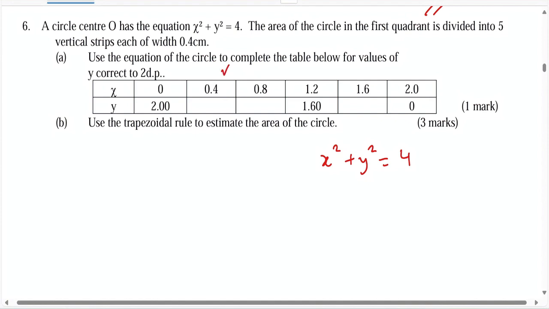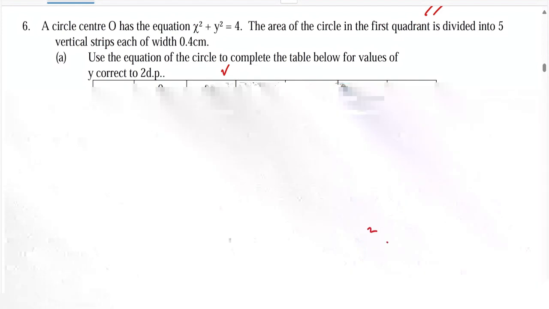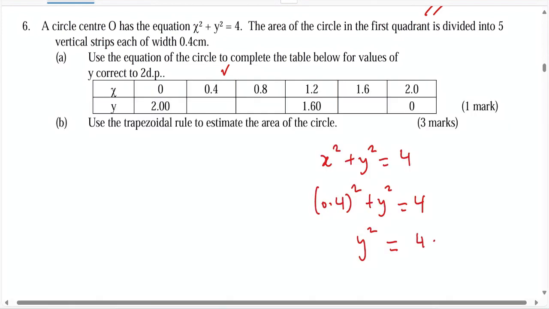So we will take 0.4, which is our value of x, 0.4 squared plus y squared is equivalent to 4. So our y squared is basically 4 minus 0.4 squared, because this is positive, so taking it across it becomes negative.